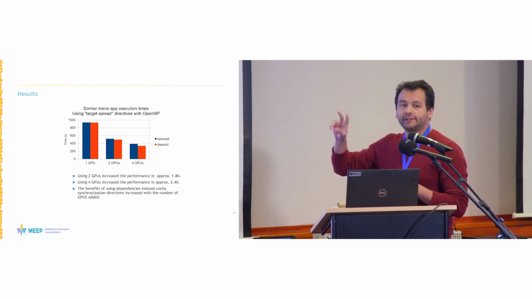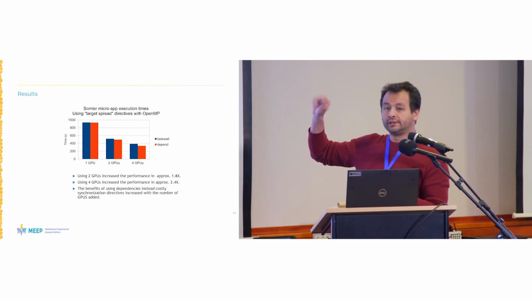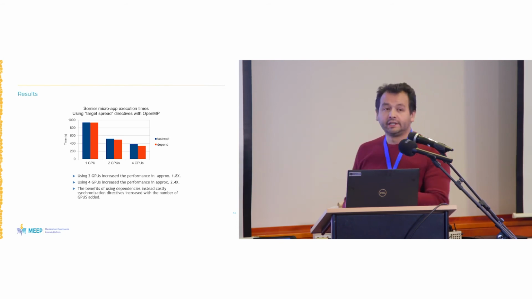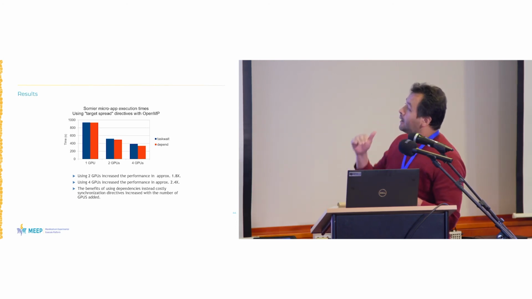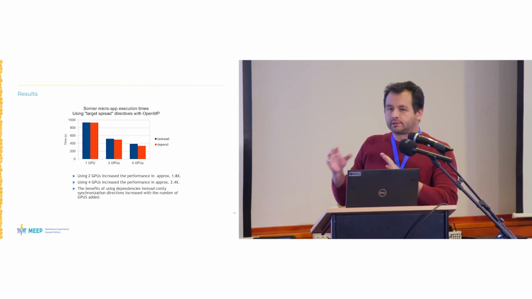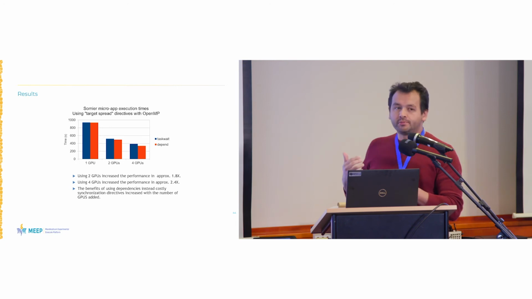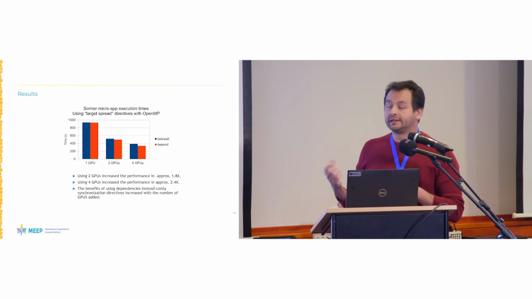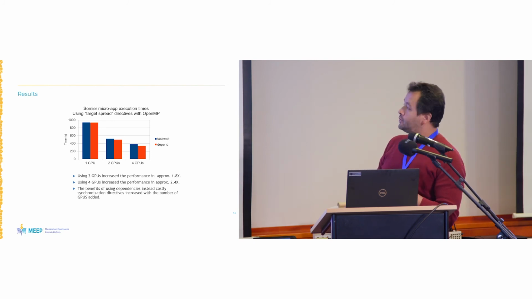And then we also tested the version using the synchronization directives like taskwait, and the version using only dependencies. And we noticed that with 1 GPU, the improvement is very little. With 2 GPUs, we start seeing that dependencies matter. And then when we have 4 GPUs, we really see a significant increase in the performance of the execution.